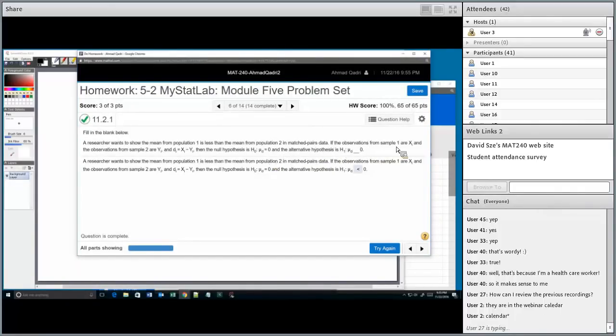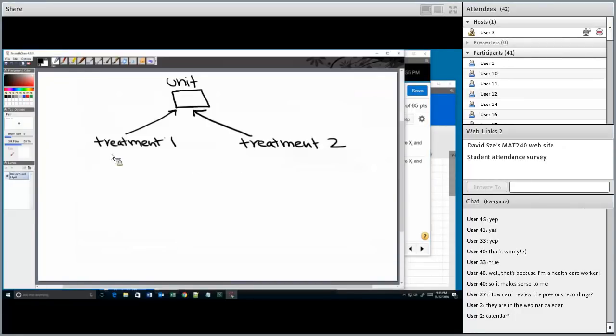If the observations from sample 1 are called X and the observations for sample 2 are called Y, okay? So the first sample, say treatment 1, is called X, and treatment 2 is called Y, and then they say, now let's assume that D equals X minus Y, okay? So you take the sample values from the first sample, subtract them from the second sample, okay?